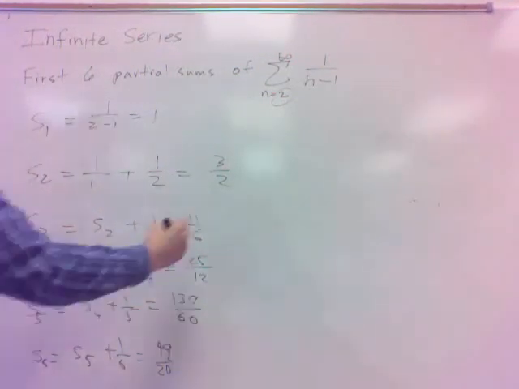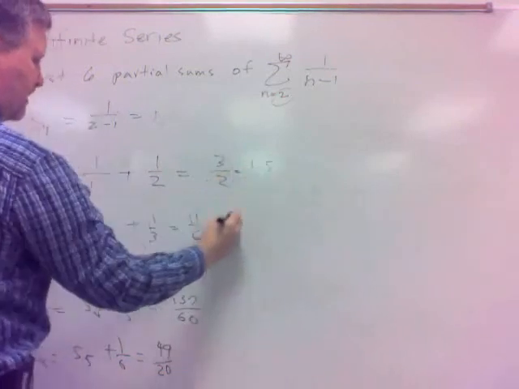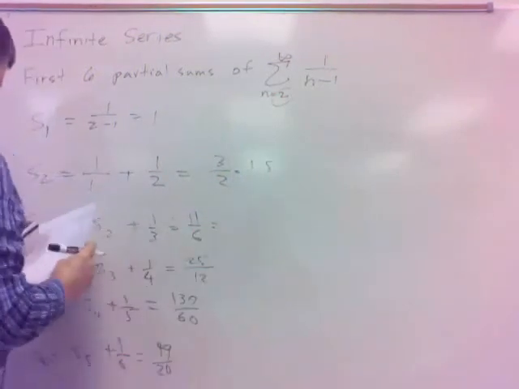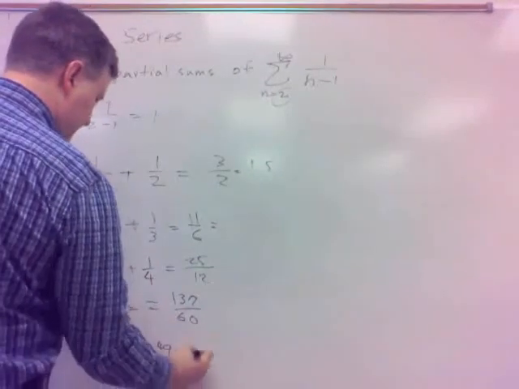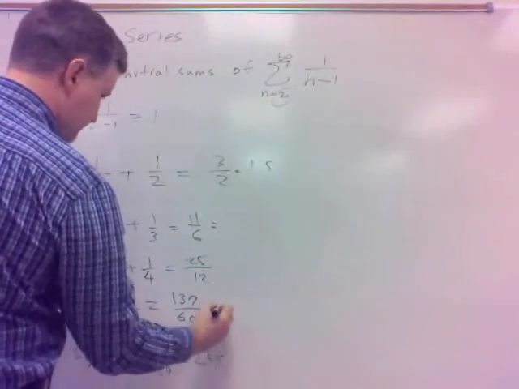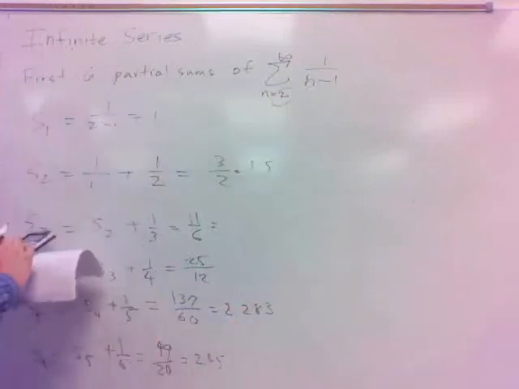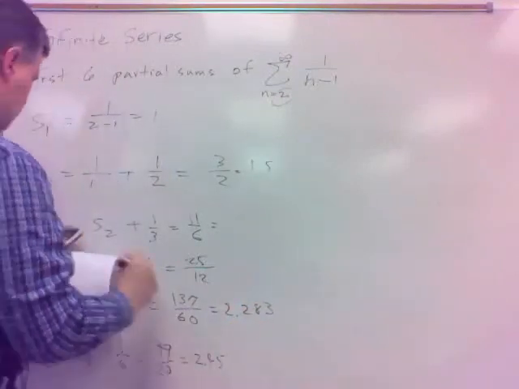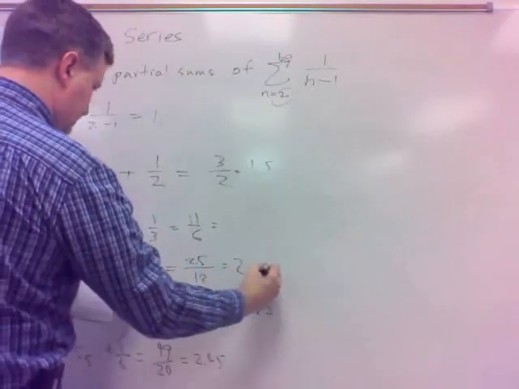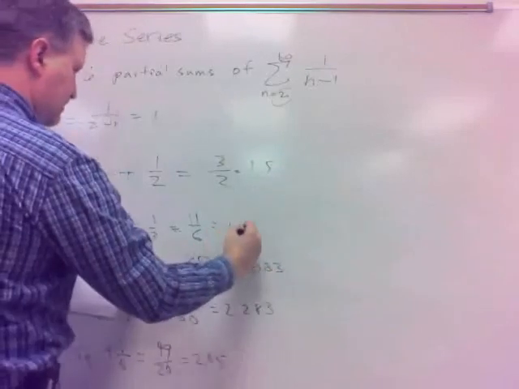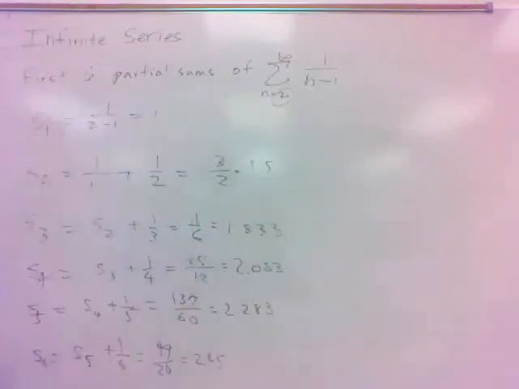So even with that, you wind up with some harder calls there. This one's 245, this is 2283, 20833, 1833.